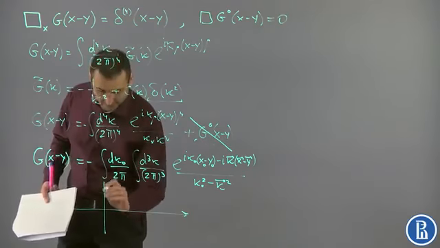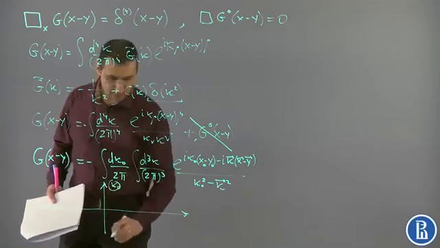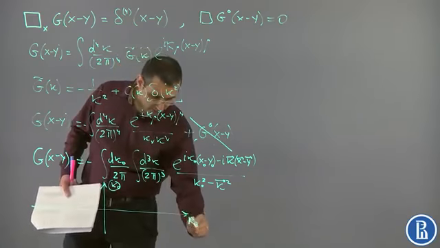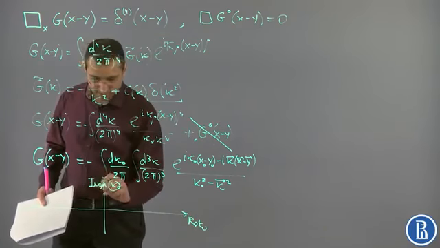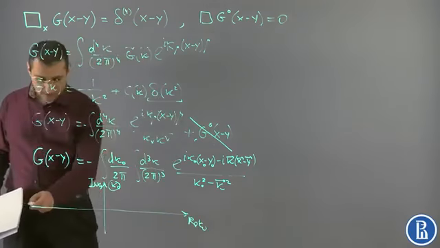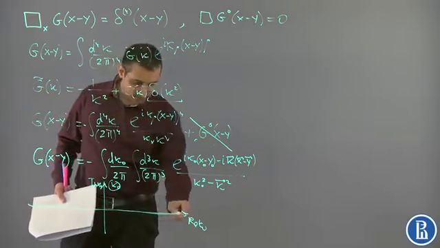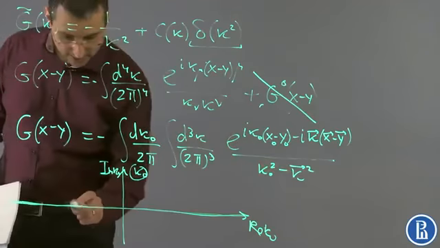In the complex k0 plane, with the real part of k0 and the imaginary part of k0, the contour of integration goes along the real k0 axis, and it's stuck.